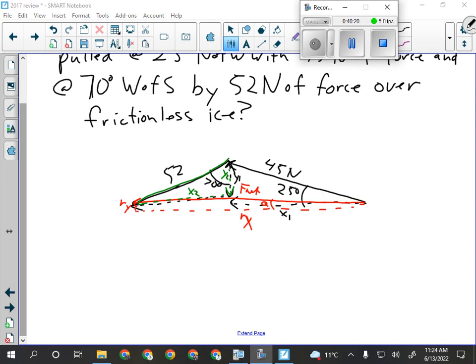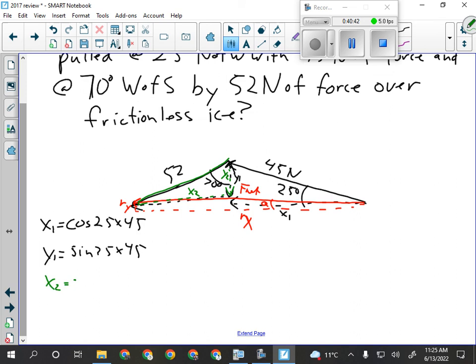Okay, so if we're looking at this one here, we're going to have x1, because it's the adjacent side, it's going to be the cos of 25 times 45 newtons, and y1 will be the sine of 25 times 45, and then x2 will be the sine of 70 times 52, and y2 will be the cos of 70 times 52.